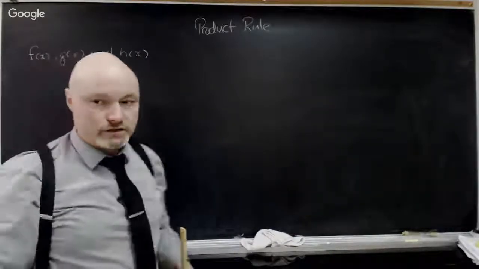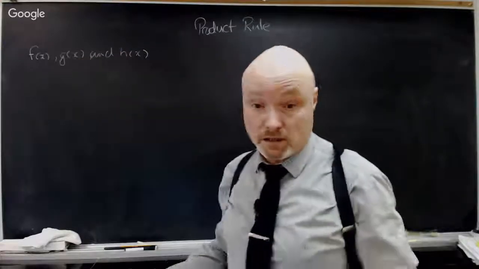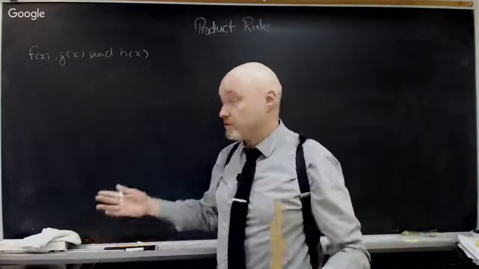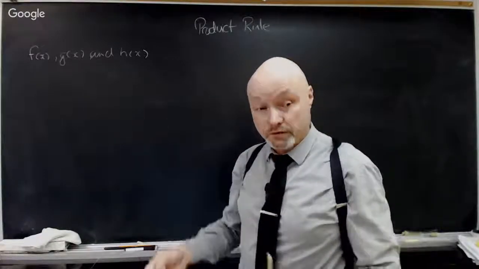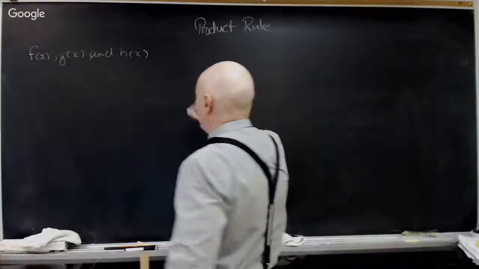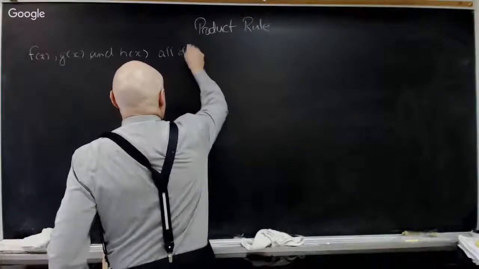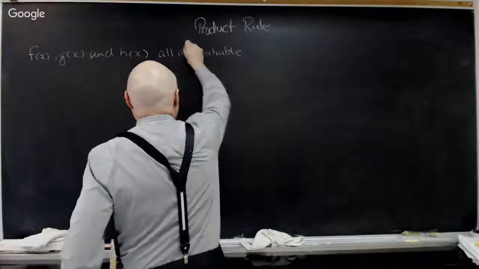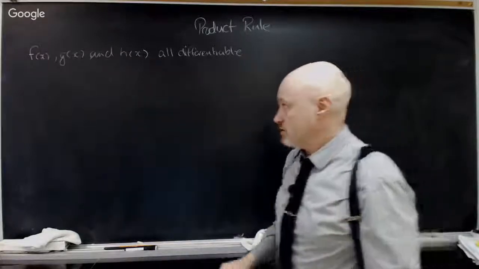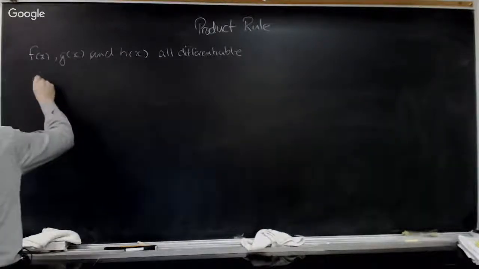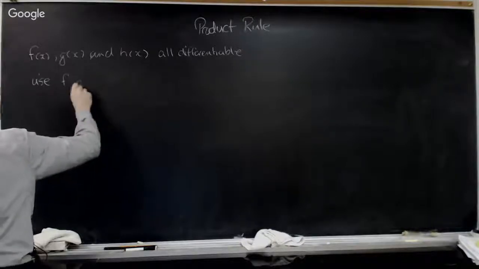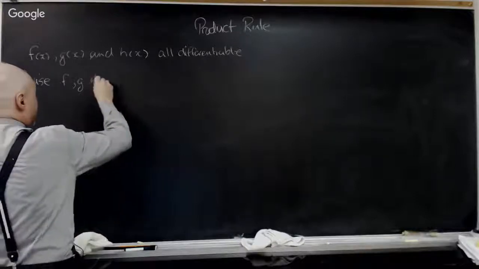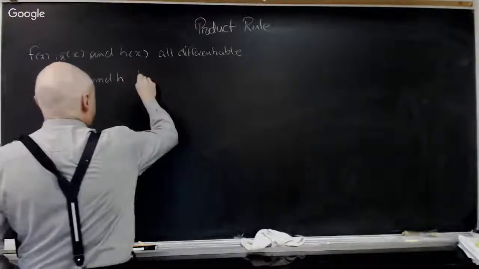So just notice they're all functions of x because I'm going to simplify them a little bit for the purposes of showing the pattern of the derivative of the product of 3 functions. So these are all differentiable in the neighborhood we're interested in. They're all functions of x, and we're just going to use f, g, and h to represent them.